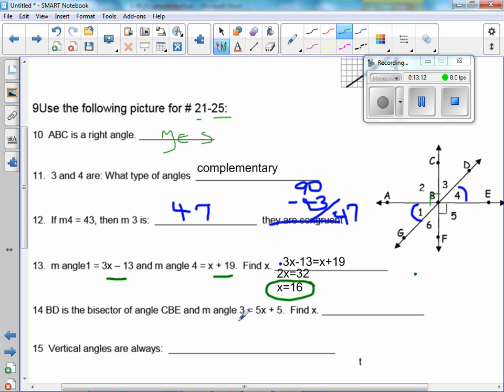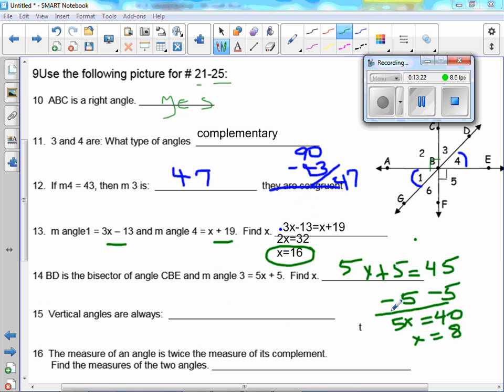And if you want to find the measure of angle 3 is equal to 5x plus 5, find x. So you see here, if it bisects it, that's saying that that angle is a 45-degree angle. So I'm setting angle 3 equal to 45 and solving. That's how I get the value of x is 8.